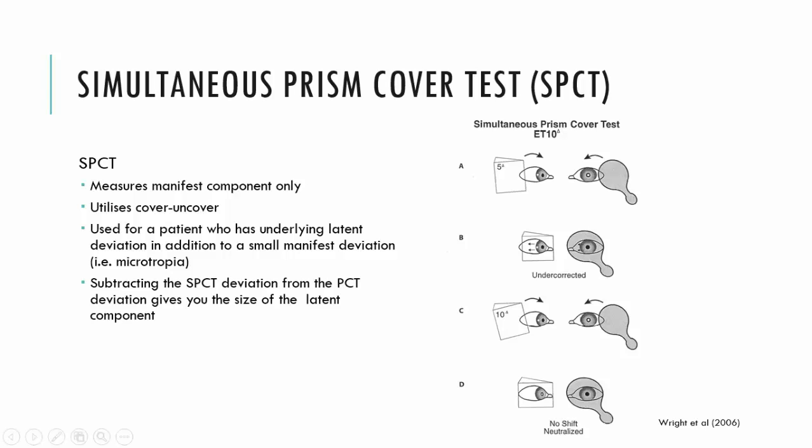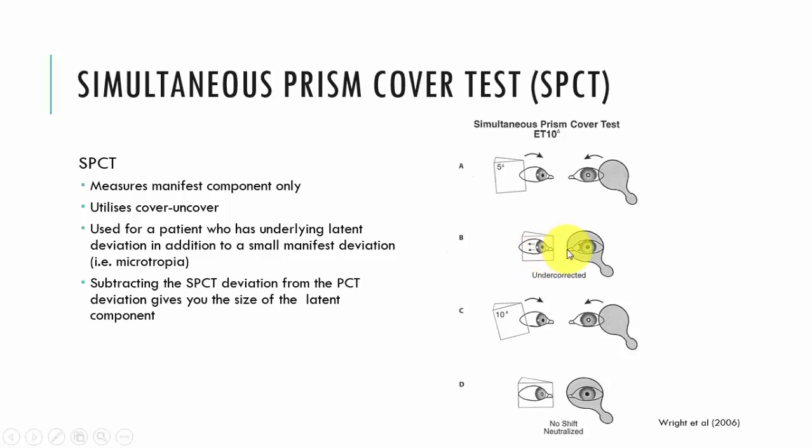You'll see here now that we'll put the prism once again in front of the deviating eye, and the occluder will go in front of the fixing eye, but this time we're not going to alternate the cover. What we will do is we will bring the cover on at the same time as the prism.